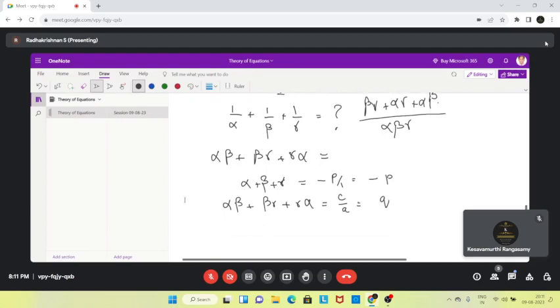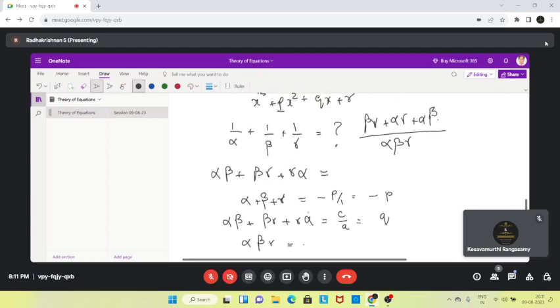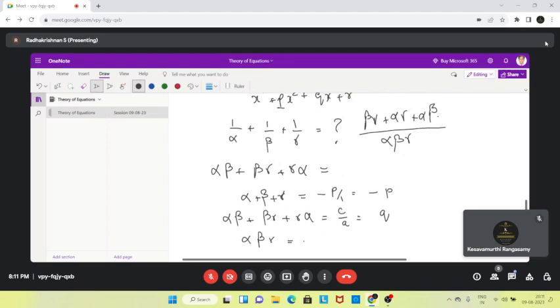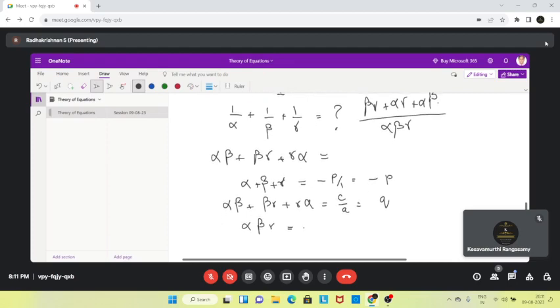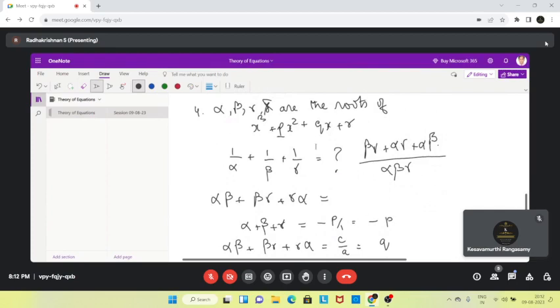And alpha beta gamma is equal to minus d by a, which will be minus r.